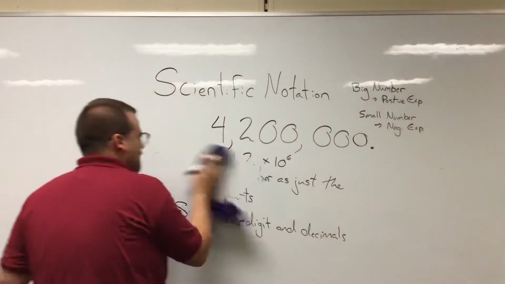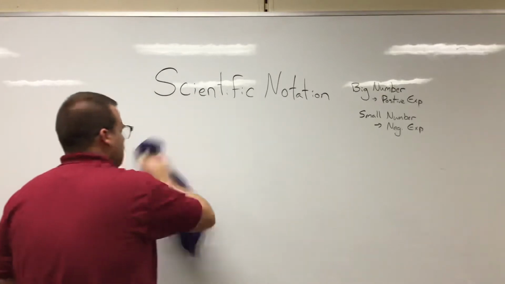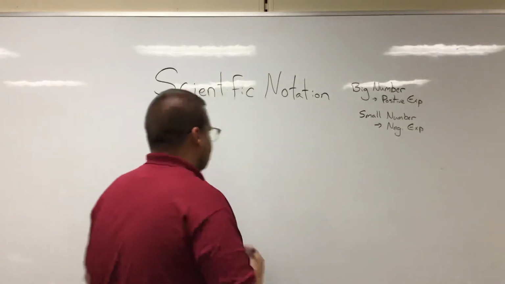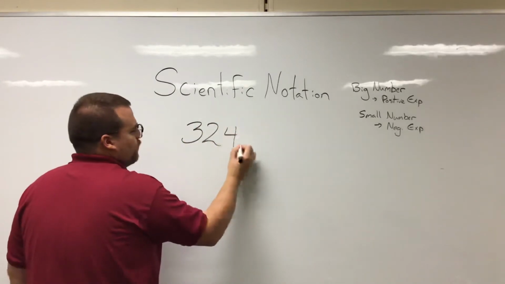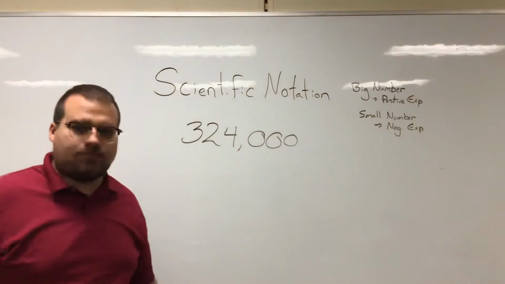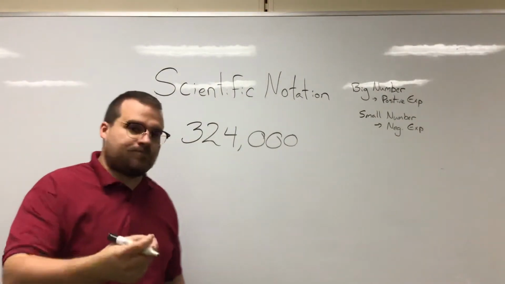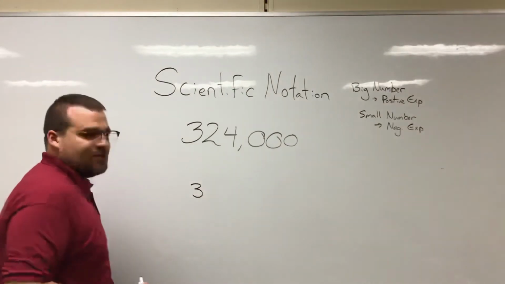So let's do some actual examples about this. Let's get all this writing and stuff out of the way. Let's do some examples. And we're going to start with some big numbers. So let's do 324,000. Plain and simple, 324,000. So what we want to do is take our very first number. That's going to be our ones digit.